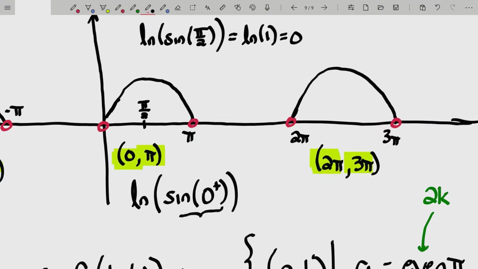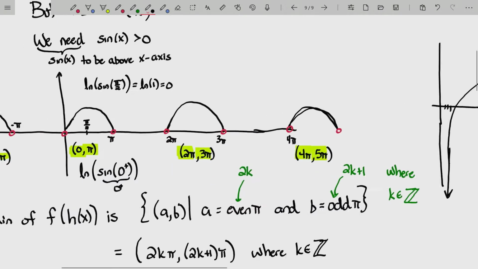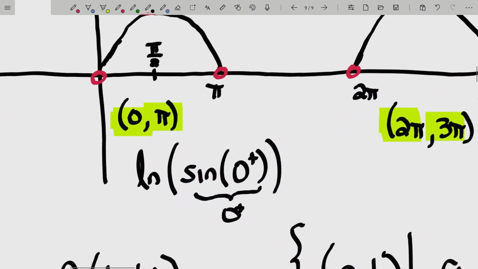So this little picture right here is getting really close to 0. You should know from your algebra that the natural log, as its arguments get close to 0, drops down to negative infinity. So as this argument gets really close to 0, this natural log is going to drop down to negative infinity.